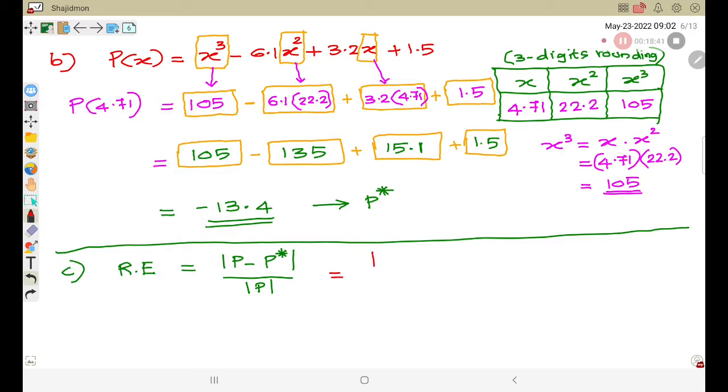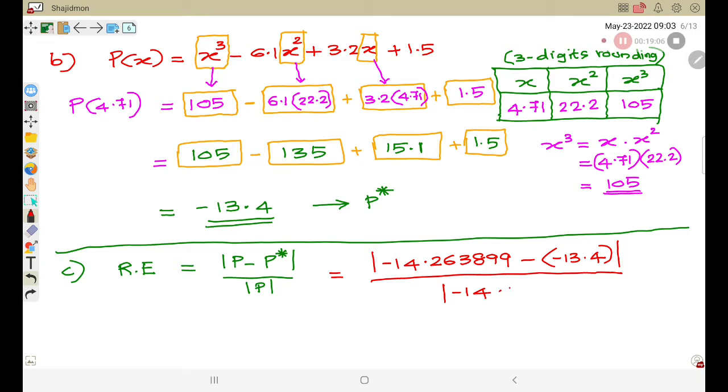Equals absolute of P, the exact number we got from the first part of the question, minus 14.263899, minus the P star number we just got, minus 13.4, divided by absolute of P, that is minus 14.263899.